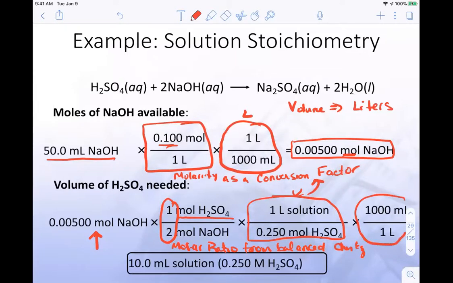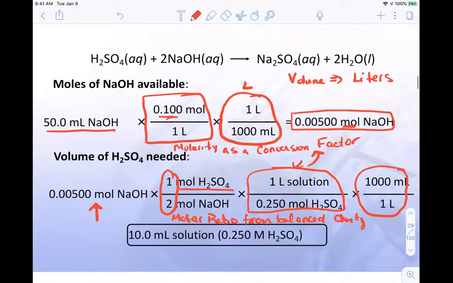And then this is converting from liters to milliliters. Generally, if I start in milliliters, I want my final volume in milliliters. So I do have to do these conversions along the way. But what this answer tells me is it takes 10 milliliters of my 0.250 molar solution of H2SO4 to completely react with my given amount of sodium hydroxide.